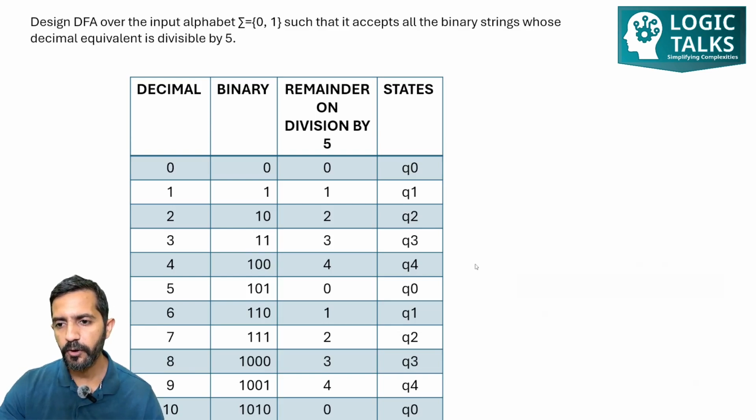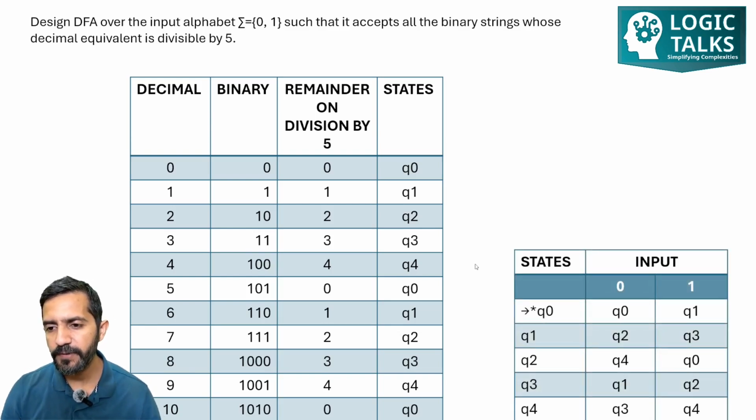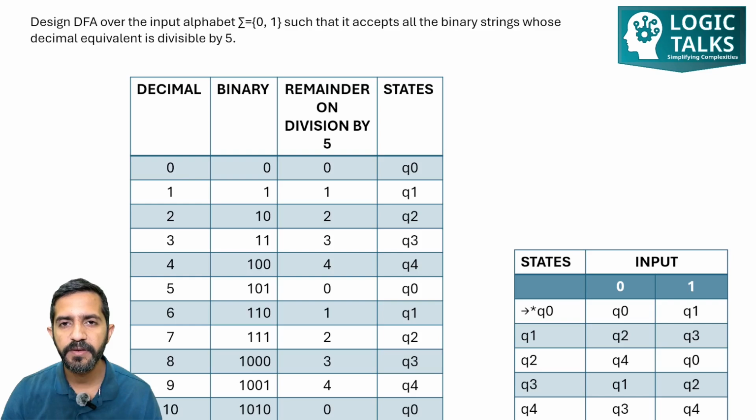We take Q0 as the initial state and the final state as well, because Q0 deals with the 0 remainder, and in this question we have to accept the binary string whenever it is exactly divisible by 5, meaning whenever we get remainder 0. So we make Q0 the final state also.